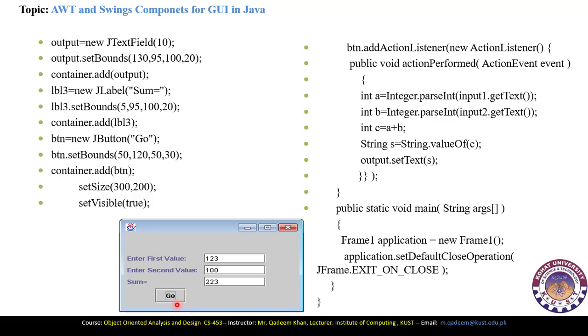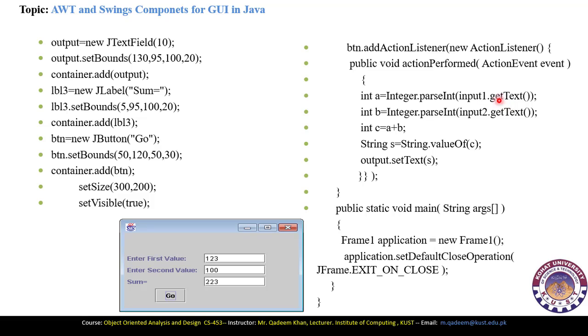So we have associated this event with the go button, which is the btn object, and here public void actionPerformed(ActionEvent e) is a function which will be called when this button is clicked, and the body of the function first of all contains the parsing.